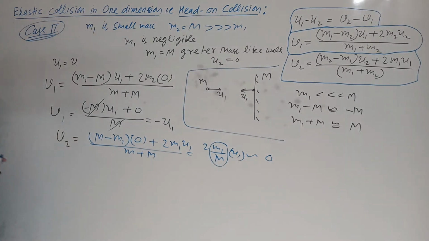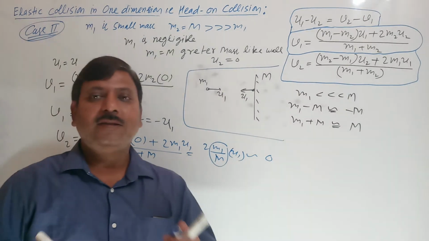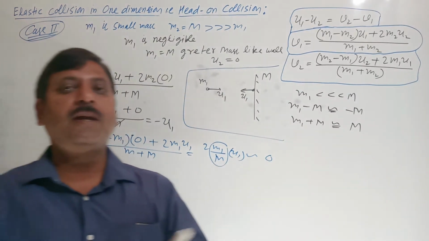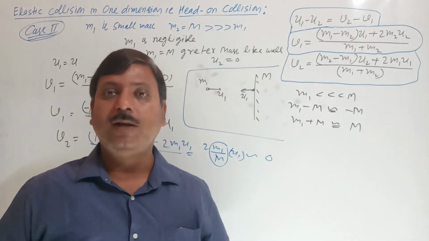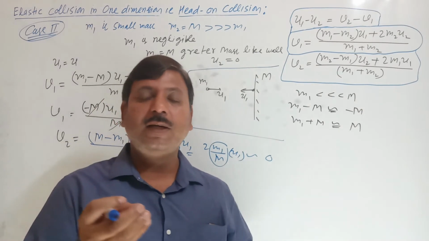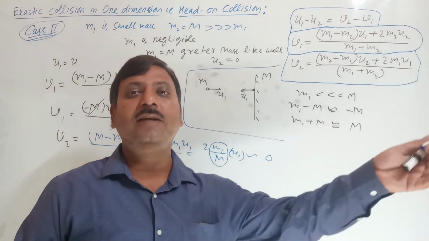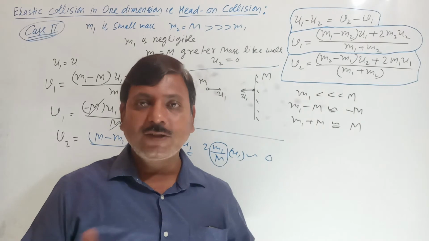Here we can see that this case also applies to the collision of a gaseous molecule with the wall, because the mass of the gaseous molecule is very much smaller than the mass of the container.